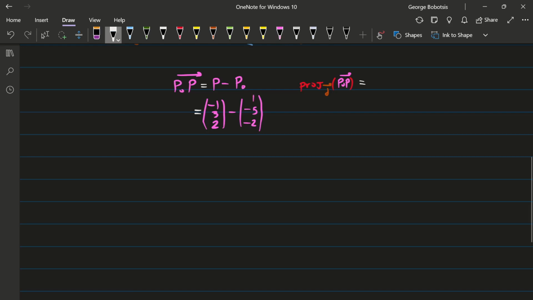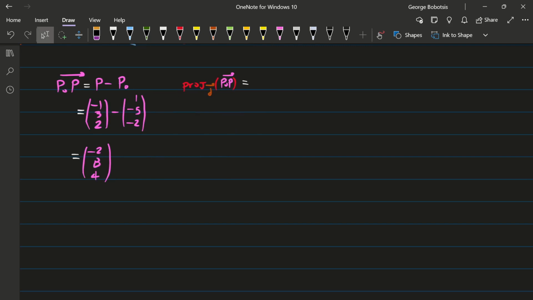We do again subtraction component by component and get ourselves 1 minus 1 minus 1 is negative 2. 3 plus 5 is 8. 2 plus 2 is 4. Done with that one. Let me make sure the numbers are okay. 1 minus 1 minus 2, 3 plus 5, 8, 2 plus 2, 4. Okay, that gets rid of P naught P.